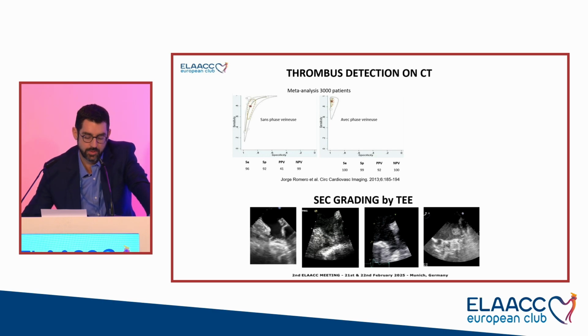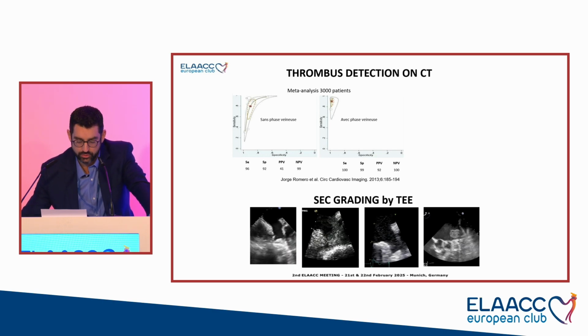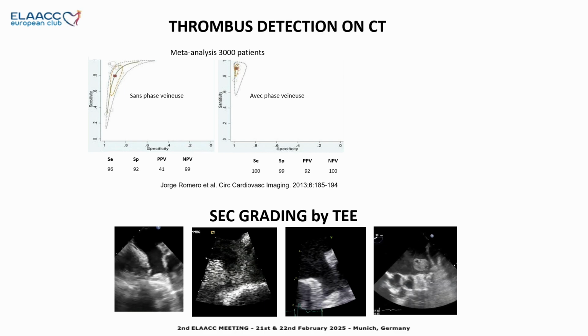One word about the thrombus detection. You all know now that CT has a very high specificity and sensitivity for thrombus detection, particularly when we use a dedicated protocol, including a late phase acquisition, compared to transesophageal echocardiography, which is mostly based on spontaneous echo contrast grading, which is very much operator dependent.